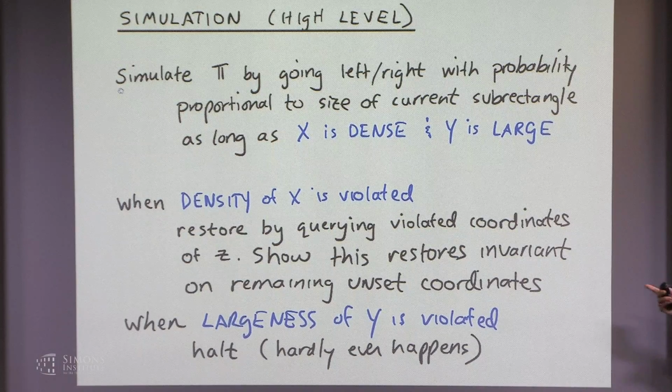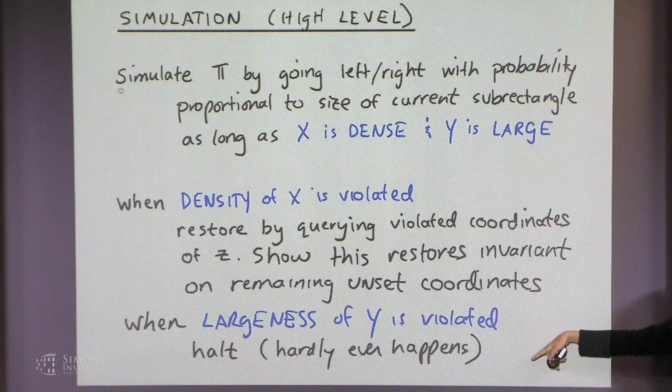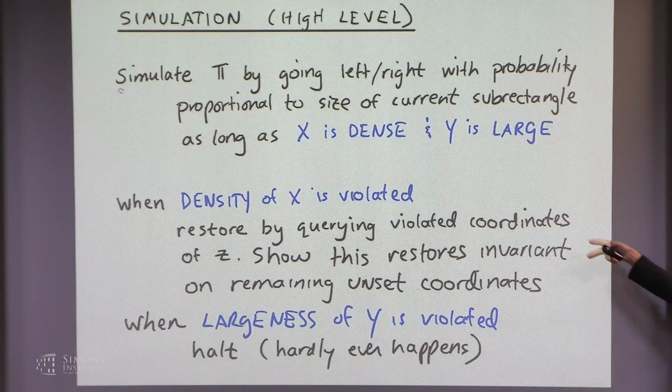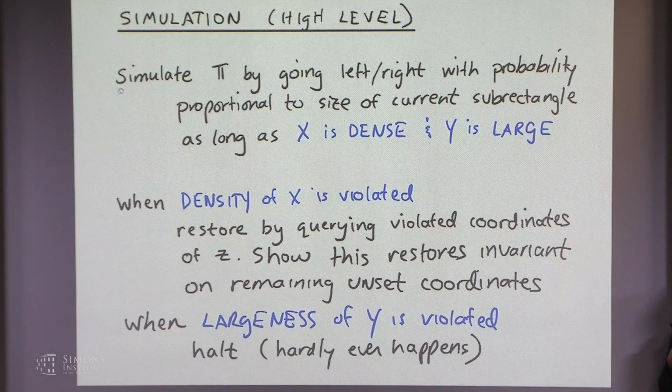Whenever density is violated, I'll show you what we do. And whenever largeness is violated, we just halt and ignore it because it almost never happens. So this is the main step: when density of X is violated, we fix those coordinates and correspondingly query those coordinates in the decision tree, and that restores our invariant on the remaining coordinates. Are you with me?